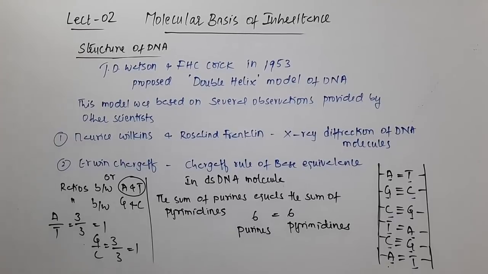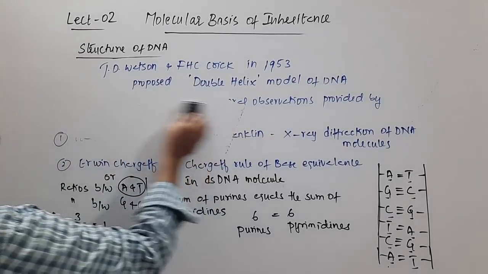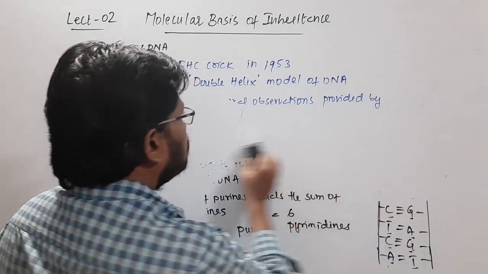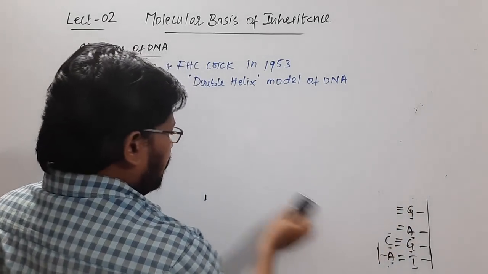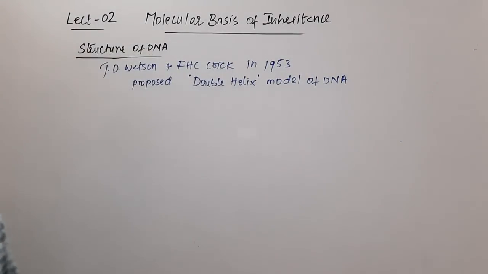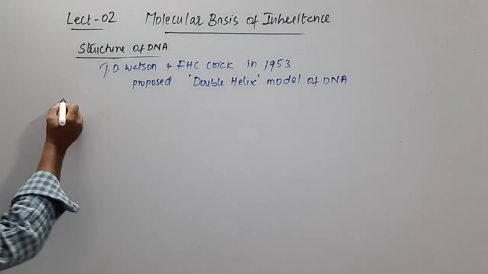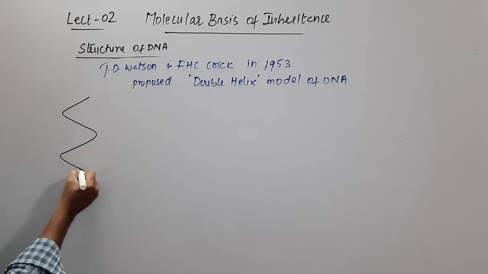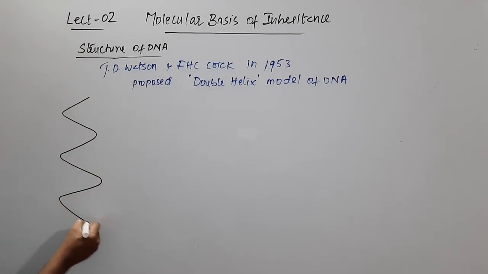Now let us see the structure of DNA. I told you that the model of DNA, the structure of DNA, is a double helix model. This is how we will be seeing a DNA molecule.